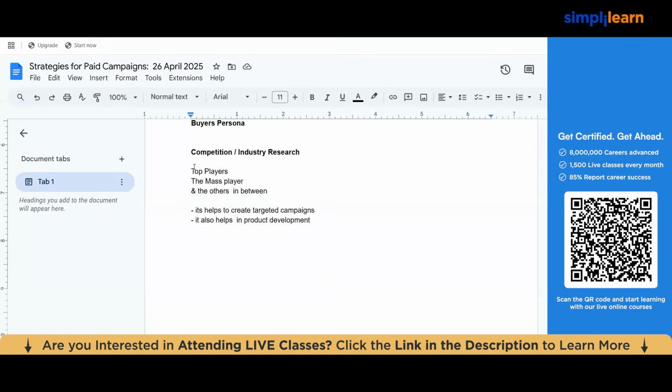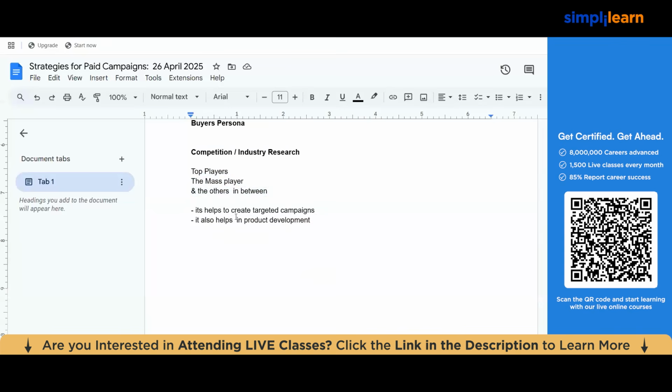And among the players, where do you fit, what is missing, do you want to align with any of these players, or do you want to be different, what is missing in the market and what you can offer accordingly. Then you can make changes in the product itself before you campaign and project that as a big product, or project something on a huge level. In terms of a paid campaign, you can make those changes early in the stage so that you can save a lot of money, right?